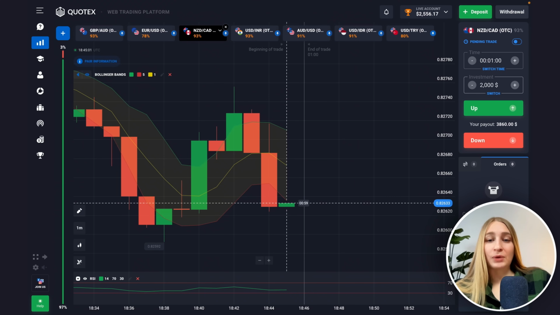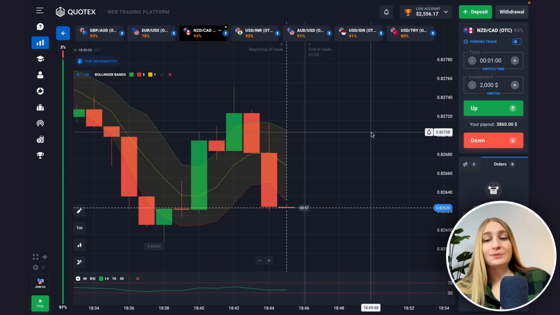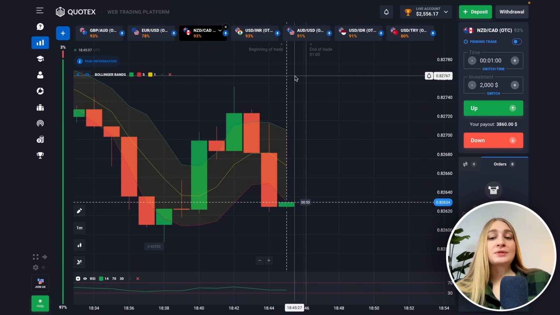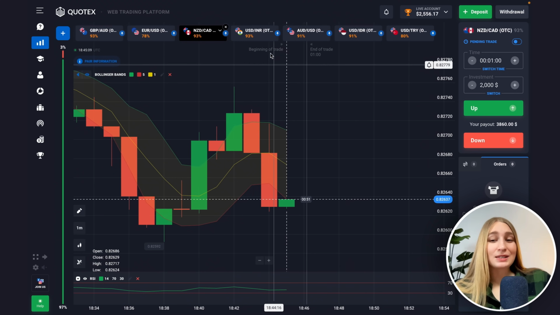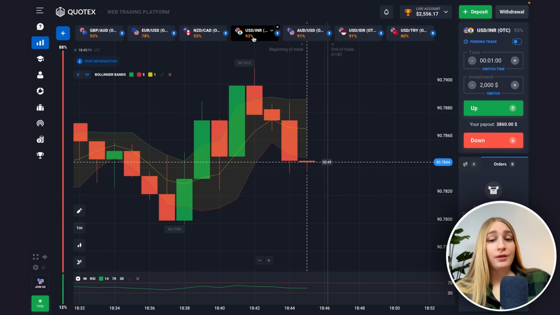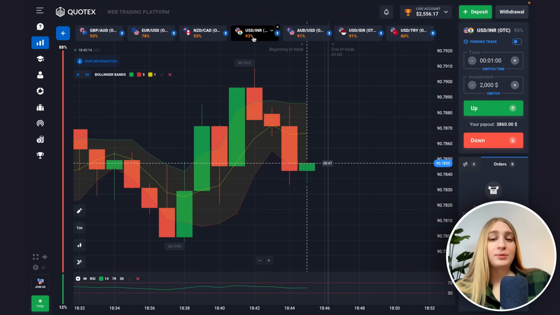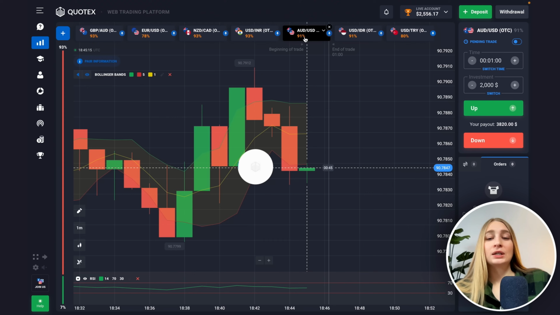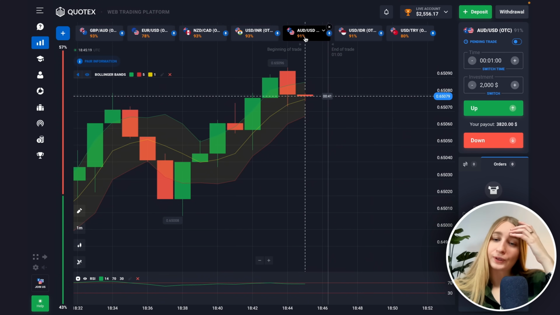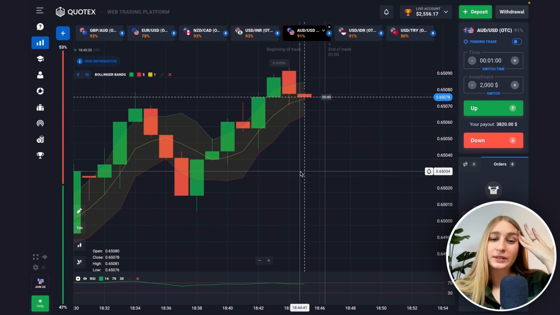It will be my last trade, because I want to make it big. Let's see what I can do in the next currency pairs. So let's go to the fourth one, and the fifth one also. Let's zoom out a little bit.